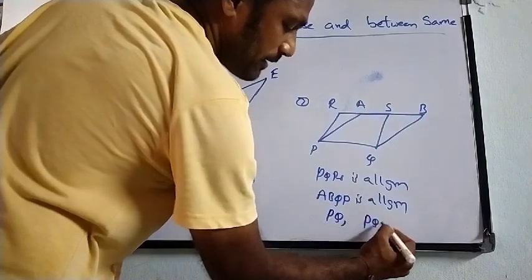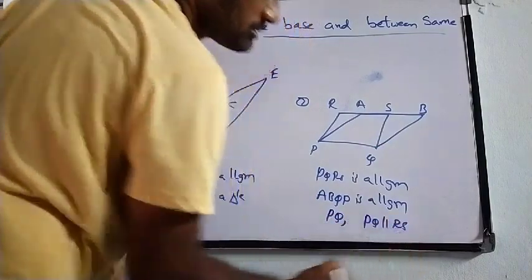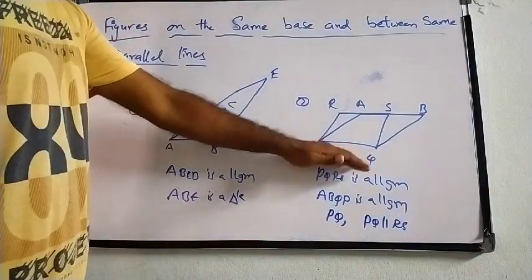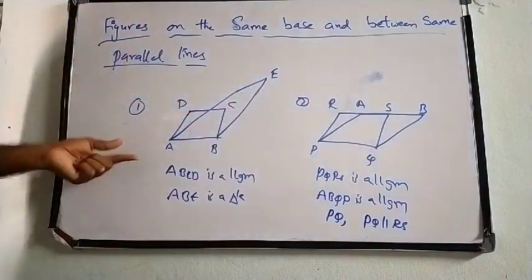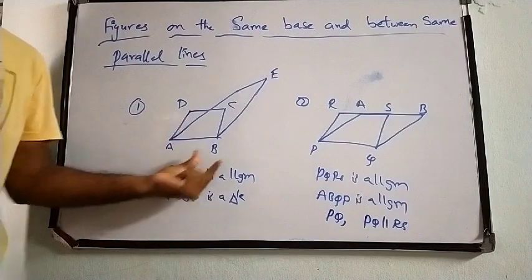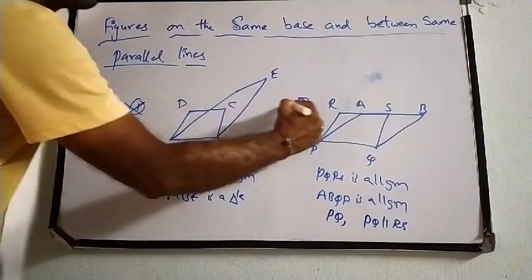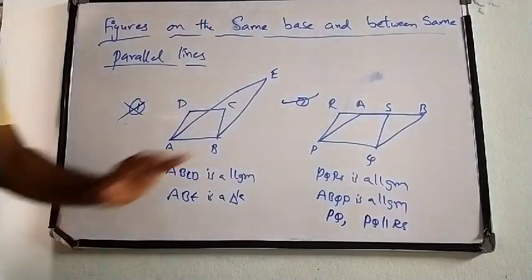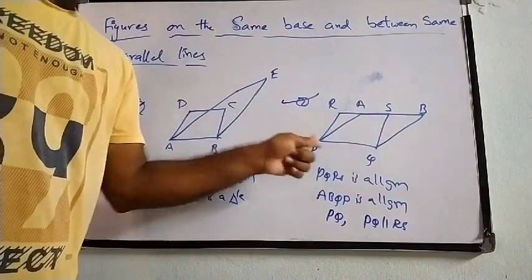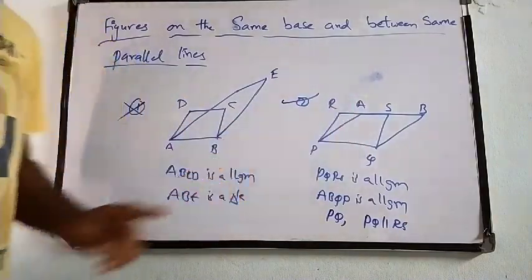PQ is parallel to RS. So this is the concept where two figures are having the same base and between the same parallel lines. The first one will not come into our picture, so the second one will be correct. The figure should have the same base as well as be between the same parallel lines.